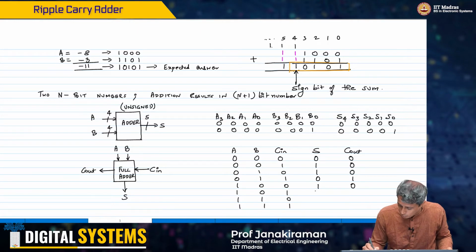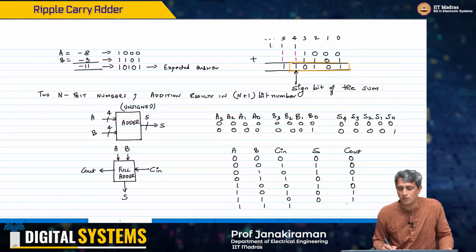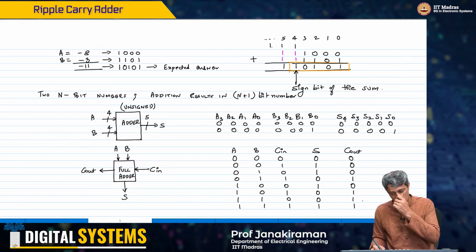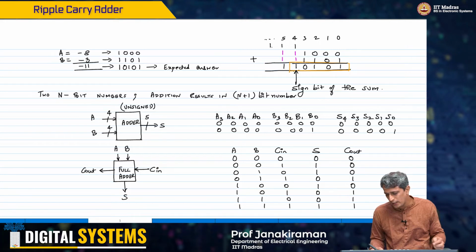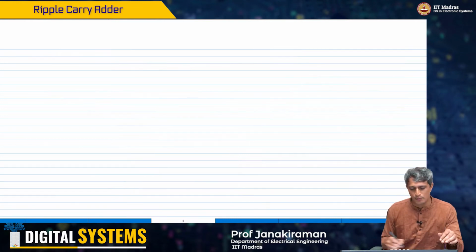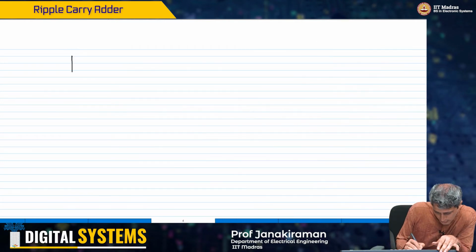Now you are adding two ones, so the sum is 0 but the carry is 1. This is 0, 1, and the last case 1 1 1 has the sum and carry out being 1 each. Now you can go ahead and build your K map as usual for this.